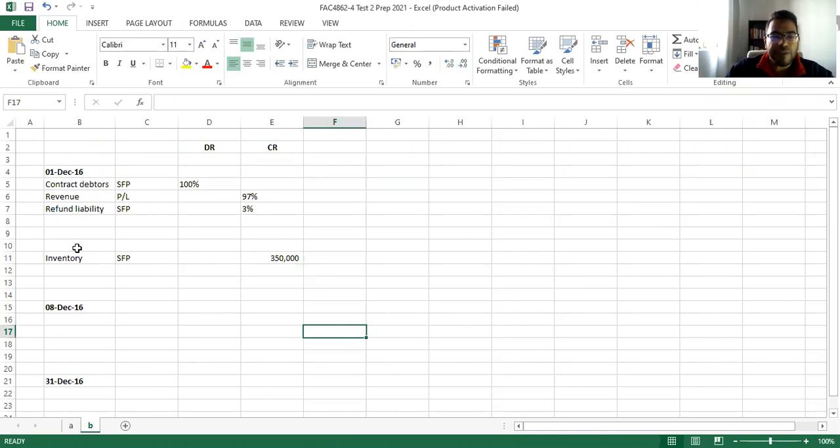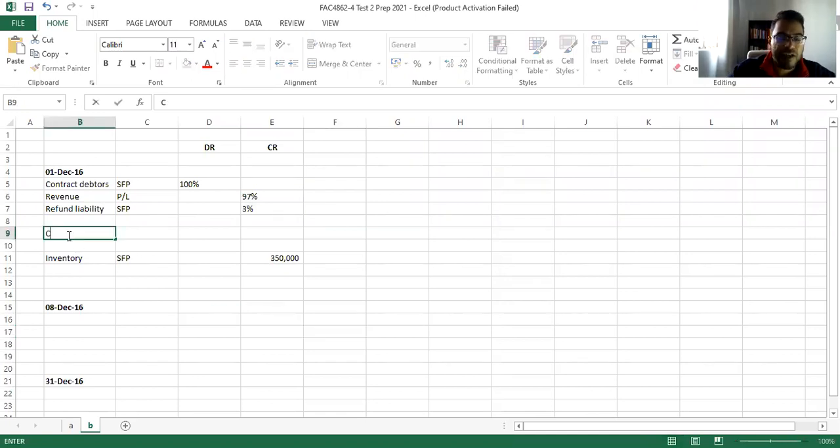For every credit, there must be a debit. Remember, the debit will go to cost of sales, but because it's a refund policy, only part of the debit goes to cost of sales. What portion? 97%. Cost of sales is in P&L. So how much goes to cost of sales? 3,500 per computer times 100 computers.